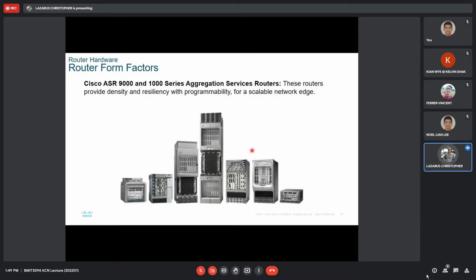If you're a large network, you have many multi-layer switches to connect to it, so you need many ports. So it's scalable at the network edge. This one is at the boundary, so it separates your network from the outside network, right?